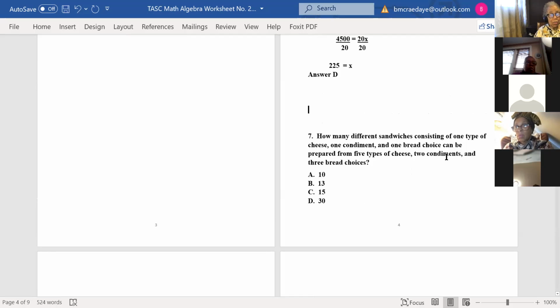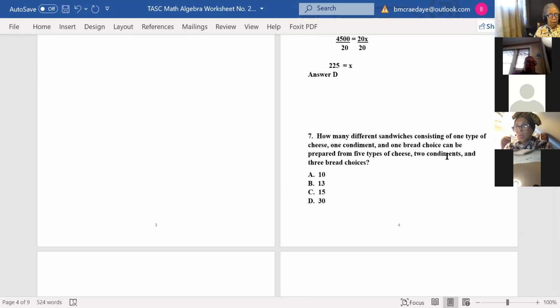And this works for all problems where you're given more than one item. The total is equal to the product of all the items.